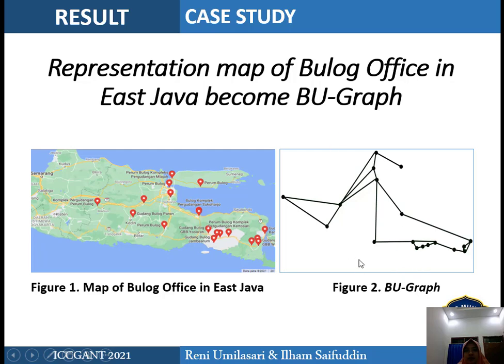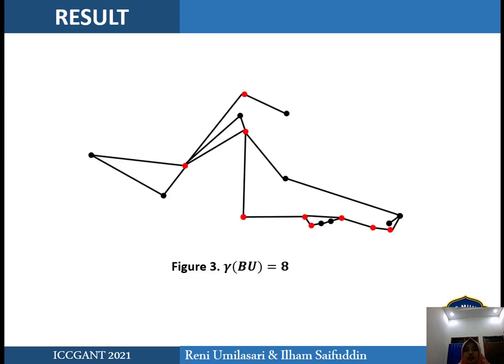Here I give the name of this graph as the Bulog graph. The Bulog graph is a representation of the map of Bulog offices in East Java, and then I draw this map as this graph, the Bulog graph, and then based on the theory of connected domination number, we get gamma c equals 8.